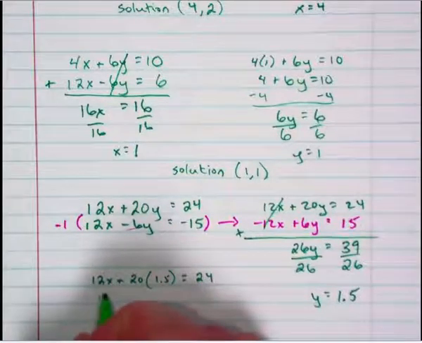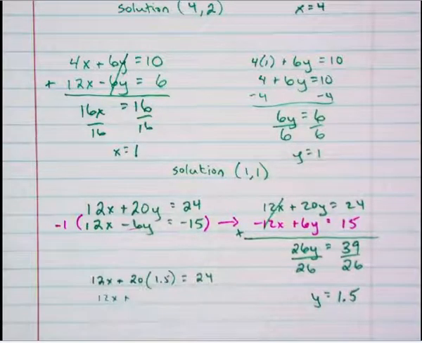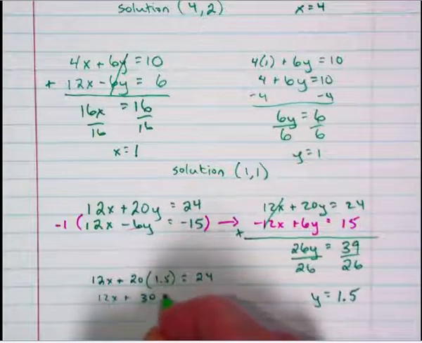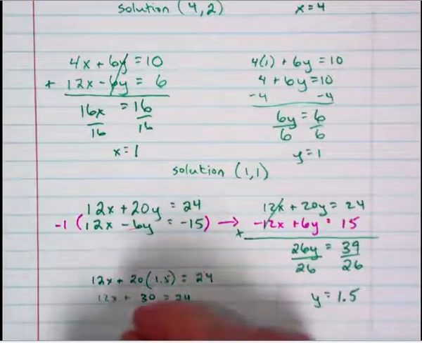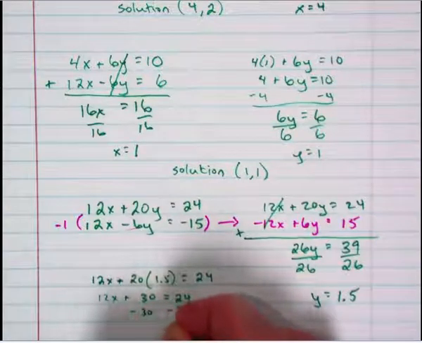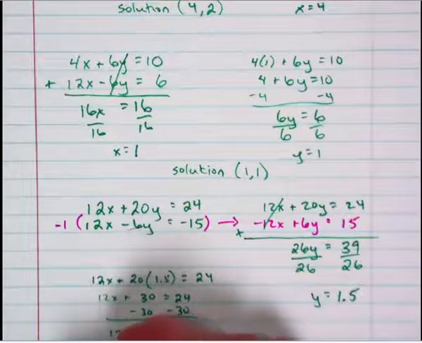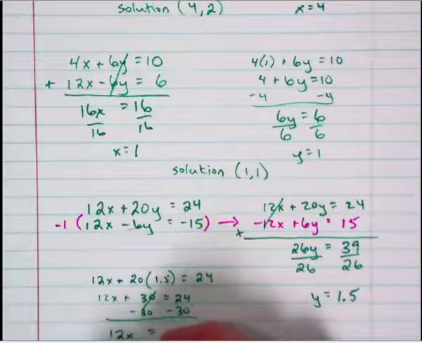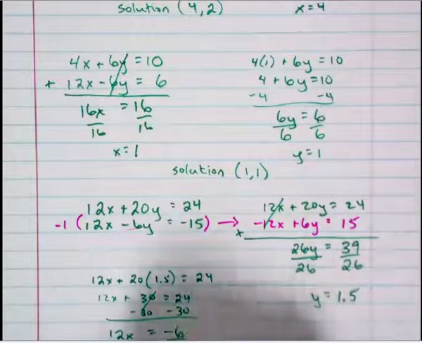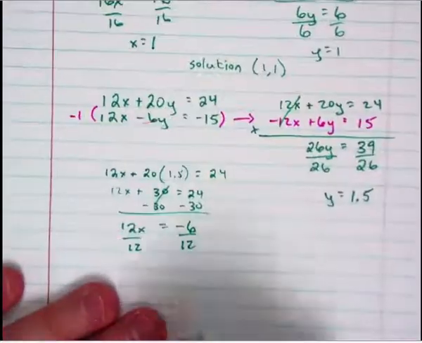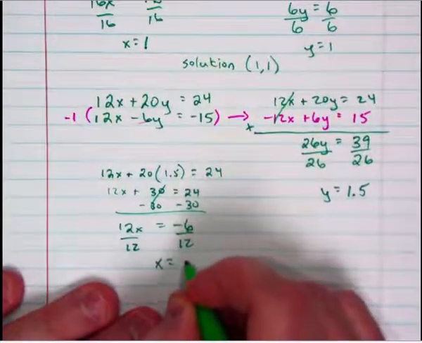So I get 12x plus 30 equals 24. Subtract 30 and get 12x equals negative 6. Divide by 12 and get that x equals negative 1/2.